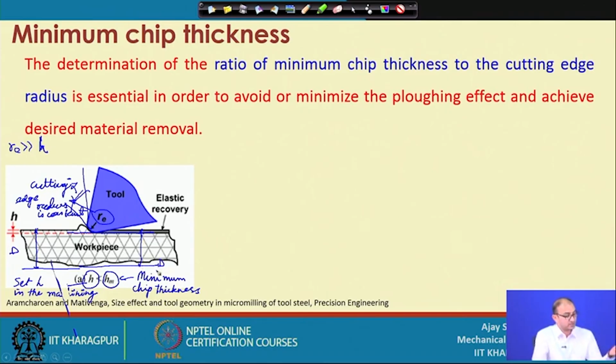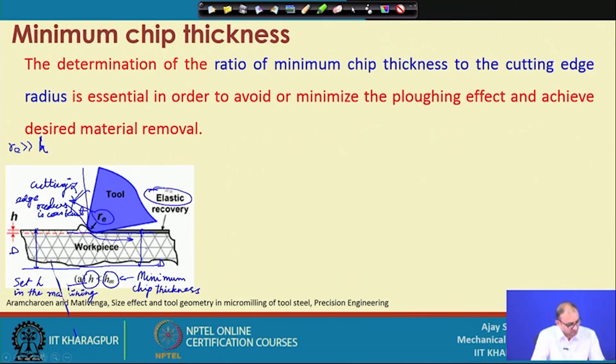Earlier we have seen some operations where the material was deformed, but the deformed material became a part of the machined surface. Here there is no machined surface. Whatever we are doing here, we are working within the elastic range of the material. Within the elastic range, if you remove the load, the material comes back to its original shape.